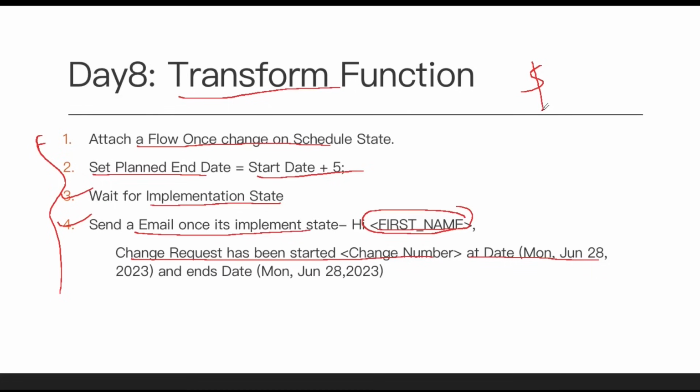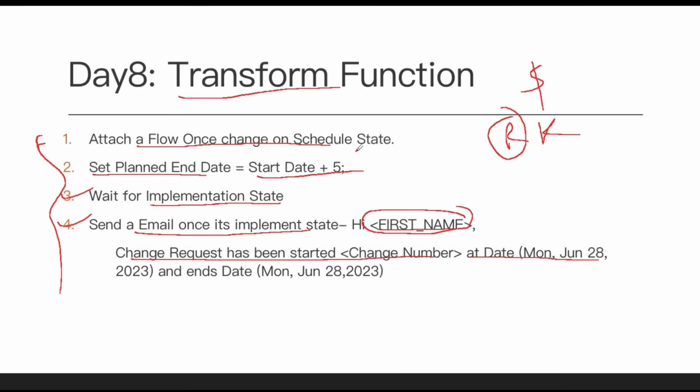Without writing any script, we can do a lot of things. For example, from a string or a whole name, we can just take the first name. Let's say my name is Rohit Kumar. From this Rohit Kumar, we can just take Rohit. With the help of the transform function, we can add some days to a date, subtract some days, and check whether there is any value or not. So these things we are going to discuss in today's session.